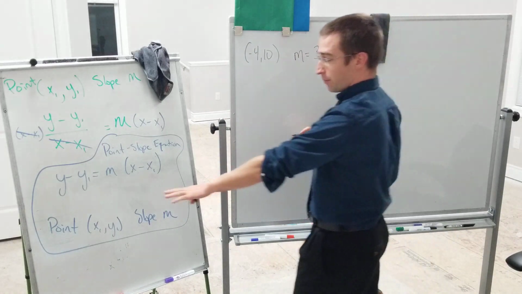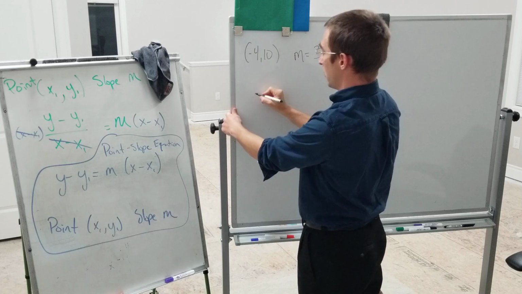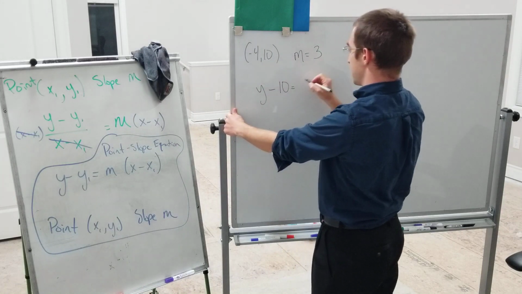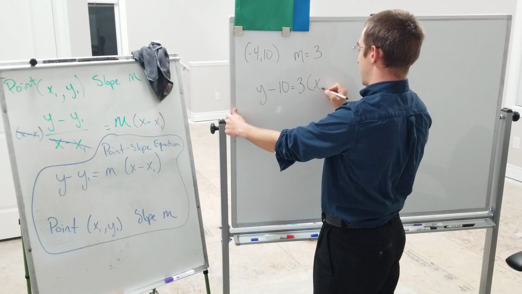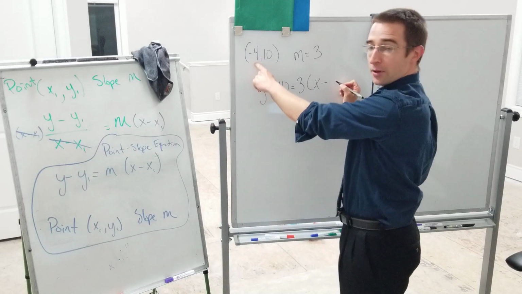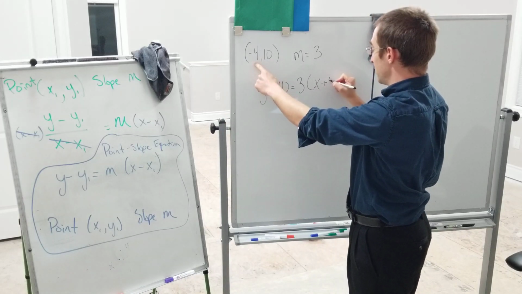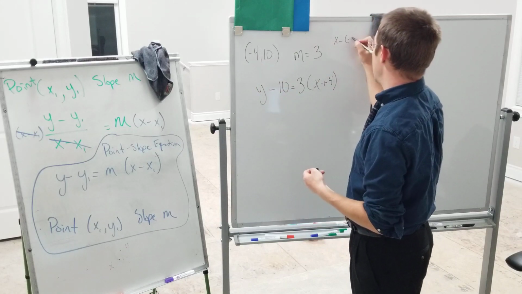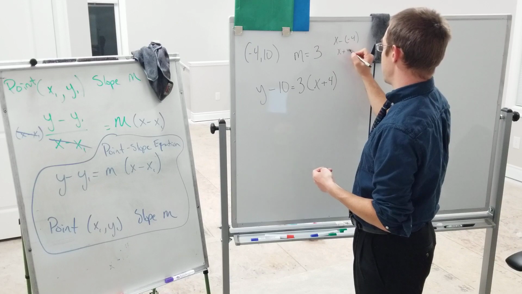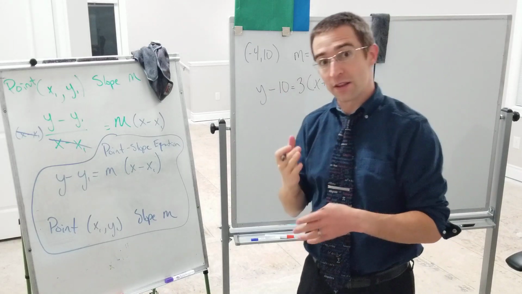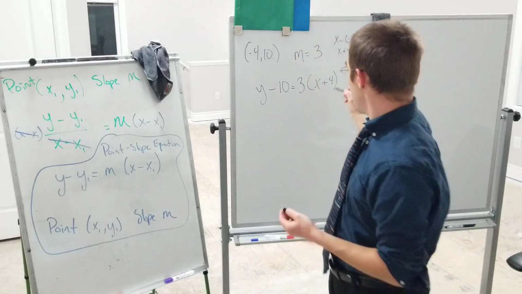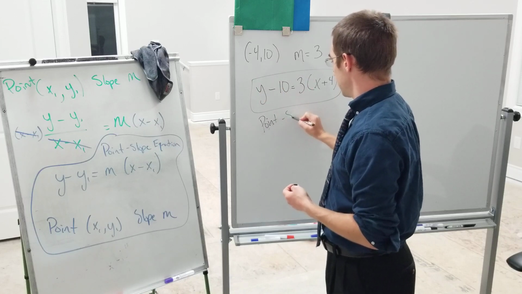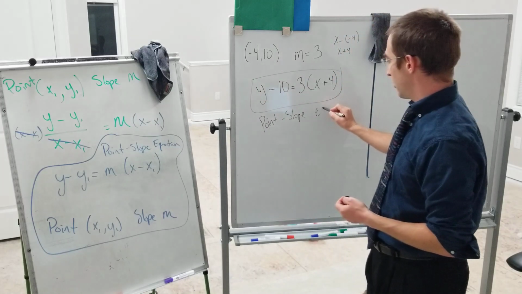Well, if I want to write it in point slope form, I'm going to go y minus the y number equals slope times x minus the x number. The x number is -4, so I'm going to go x plus 4, because x minus -4 is x plus 4, right? Subtracting a negative is the same as adding a positive. All right, that would be it. This is point slope form. That's the point slope equation.